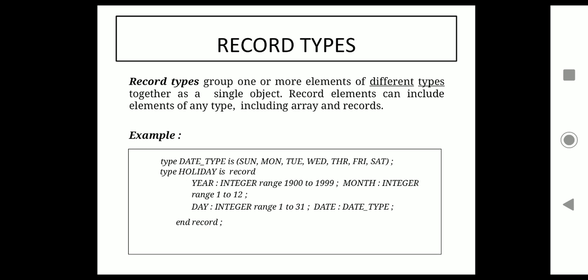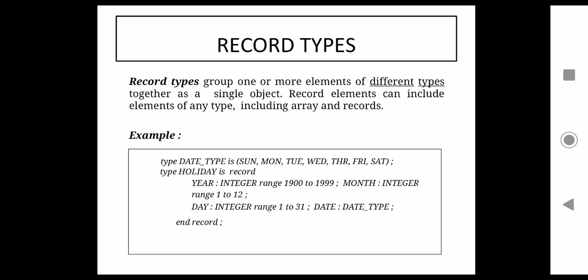So this is the difference between array and record. Record elements can include elements of any type including arrays and records, that means it can also have a record array.